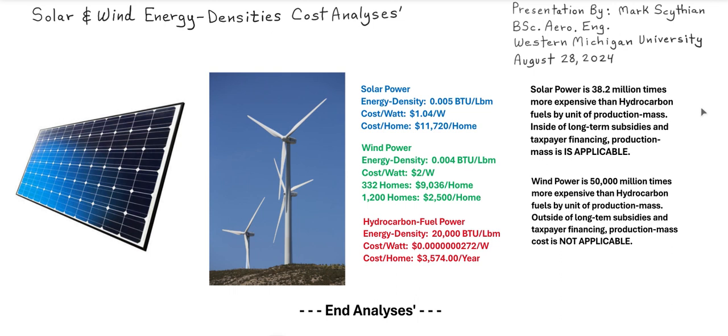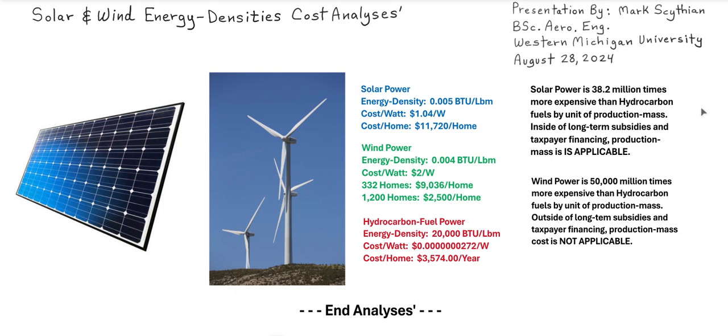So solar power is 38.2 million times more expensive than hydrocarbon fuels by unit of production mass inside of long-term subsidies and taxpayer financing. Production mass is applicable. Okay, so we got to compare that to wind power, which is 50 million times more expensive than hydrocarbon fuels by unit of production mass.